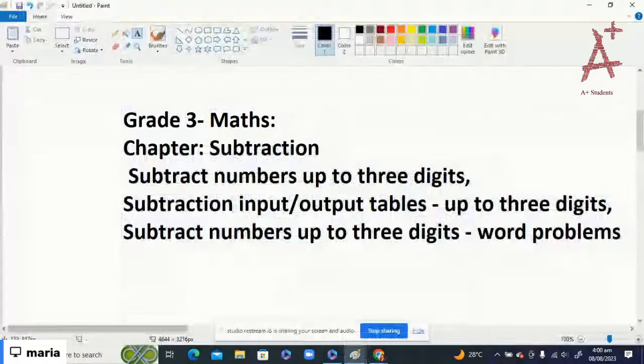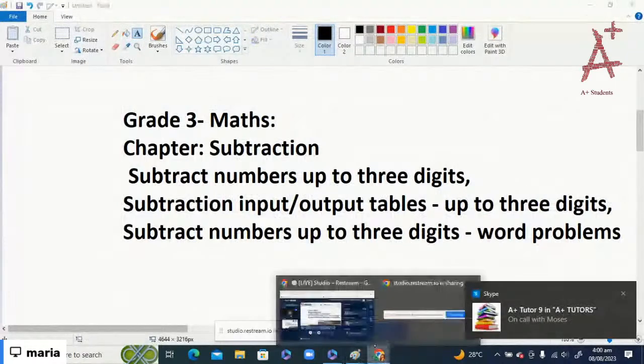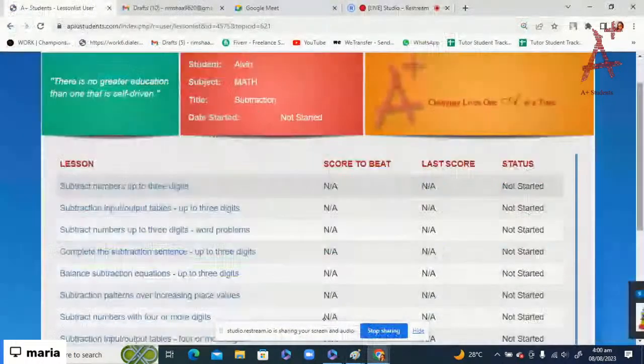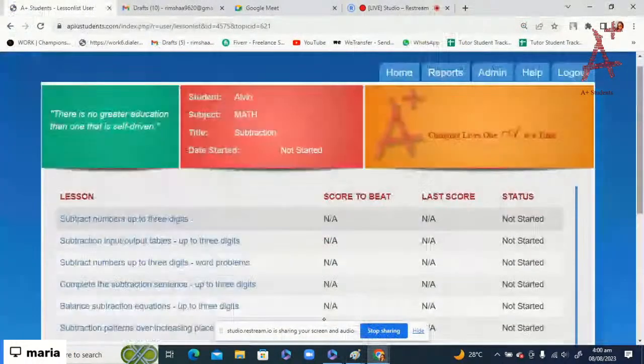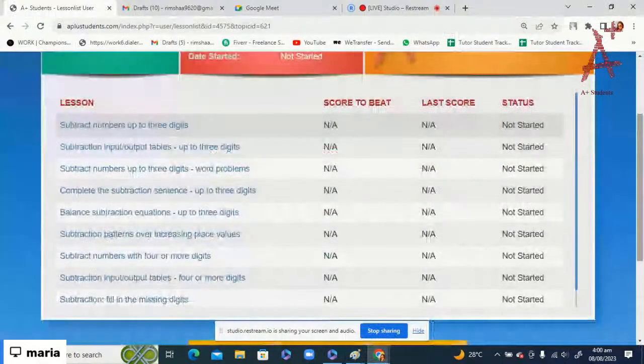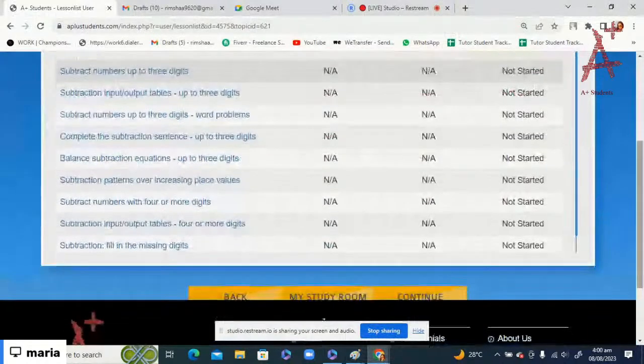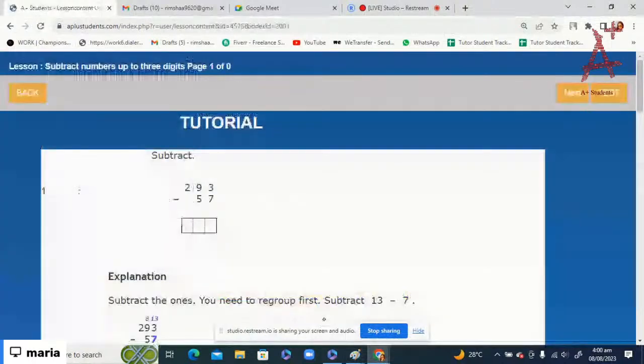So let's get started with our first lesson, subtract numbers up to 3 digits.